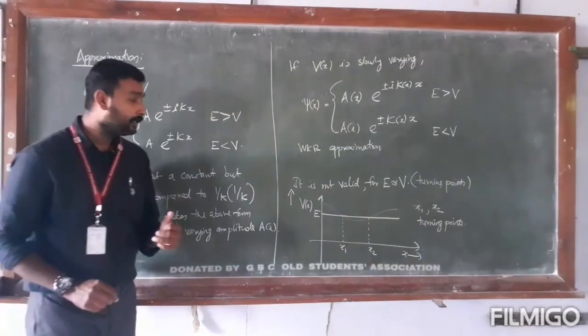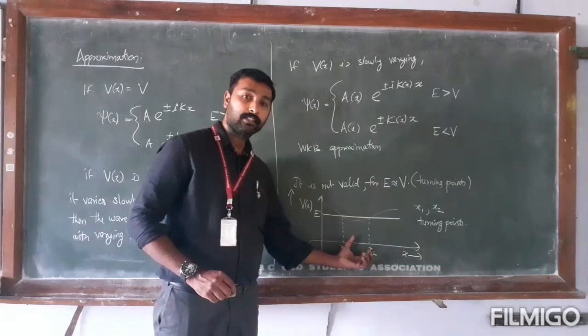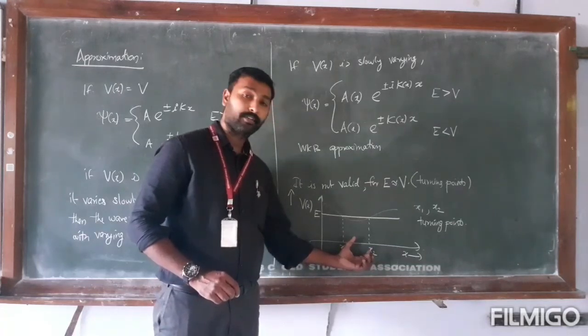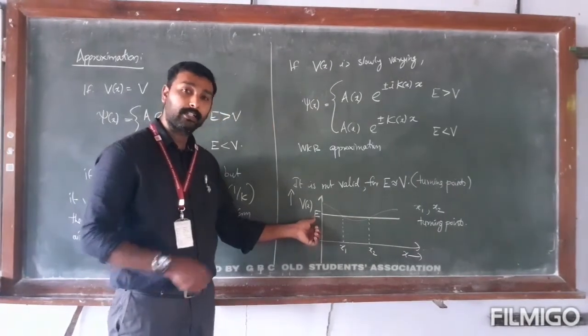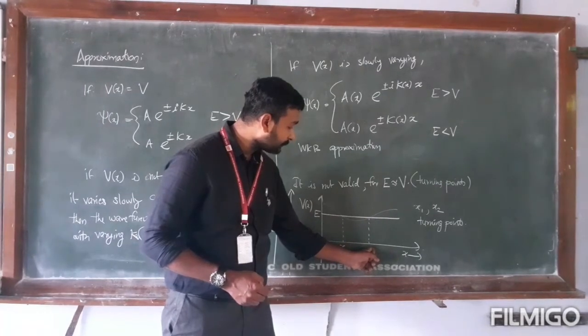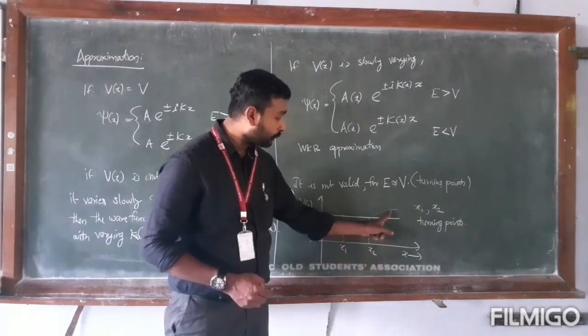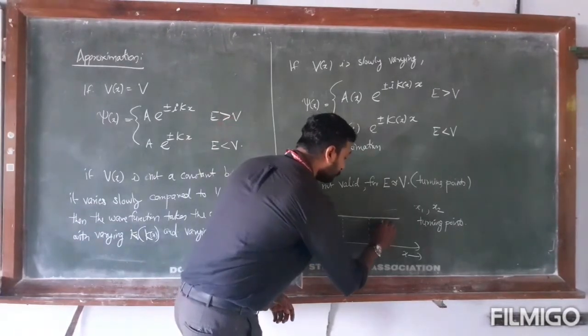Because classically the particle cannot cross this region. Classically the particle is bounded within x1 and x2, because classically the total energy cannot be lesser than the potential energy. So for the region x greater than x2, the potential is greater than the total energy. So this is a classically forbidden region.